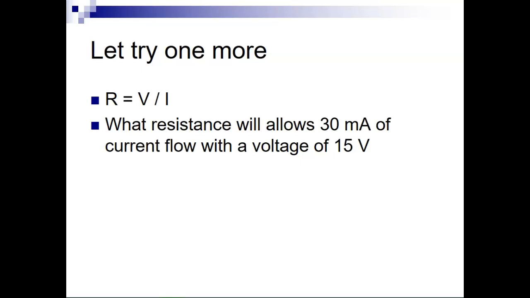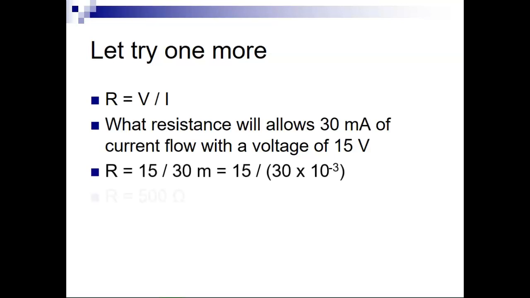Would that be 50K? 15 volts divided by 30 milli. 30 milli would be 0.03. Okay, makes more sense. 15 divided by 0.03 would be 500. It'd be 500 ohms. 500 ohms even.